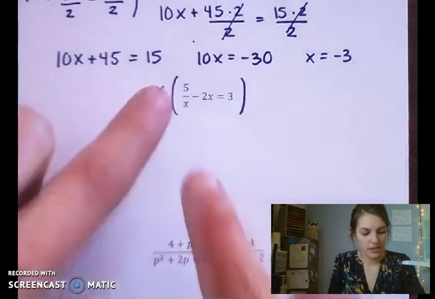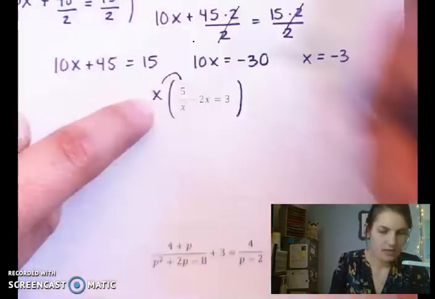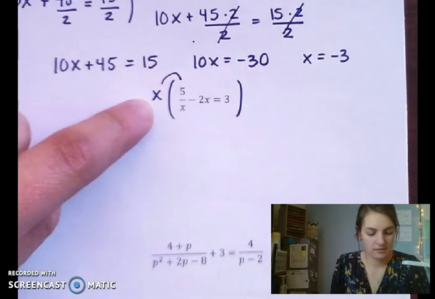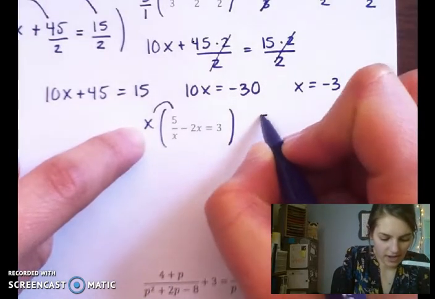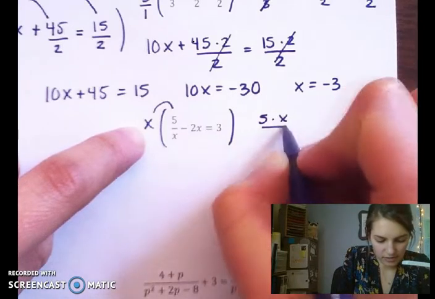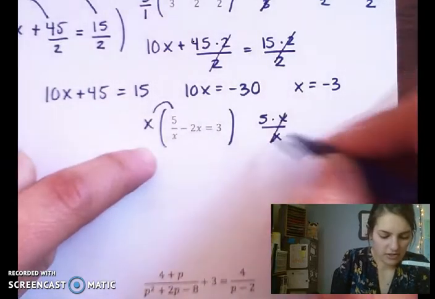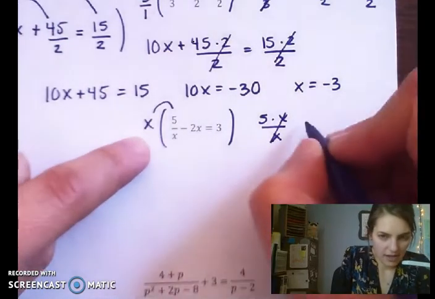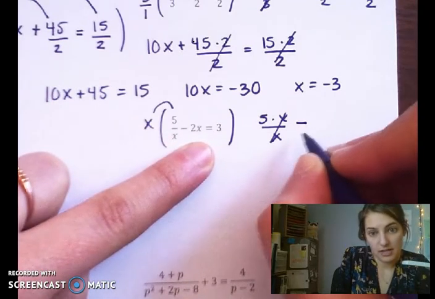So, an x times a 5 over x. Okay, if I write this out, it would be 5 times x over x. So these x's just cancel each other out, and we just have a 5. Then we have minus an x times a negative 2x.